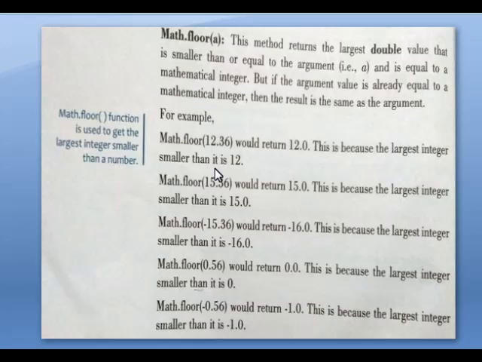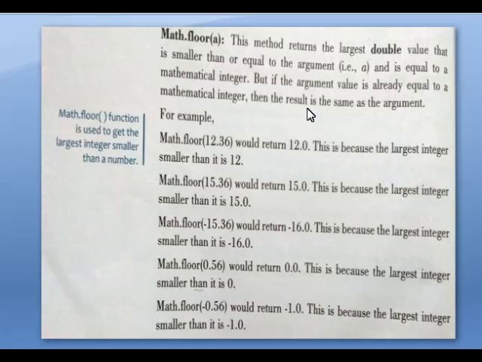But in the case of floor, it will increment the value if it is a negative value, and it will remain as it is if it is a positive value. This method returns the largest double value that is smaller than or equal to the argument and is equal to a mathematical integer. But if the argument value is already equal to a mathematical integer, then the result is the same as that of the argument.